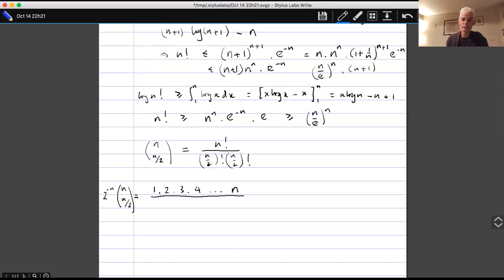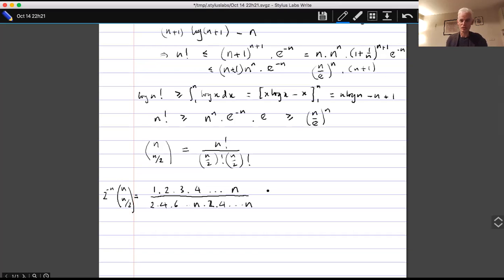It's all the numbers multiplied together from 1 up to n over 2. And then I have all numbers multiplied together from 1 up to n over 2 again. But if I have a 2 to the minus n there, I can multiply all those things by 2. So I'll get 2 times 4 times 6 up to n. I'm assuming n is even, because otherwise n over 2 wouldn't be an integer, of course. So again, times 2 times 4 up to n.